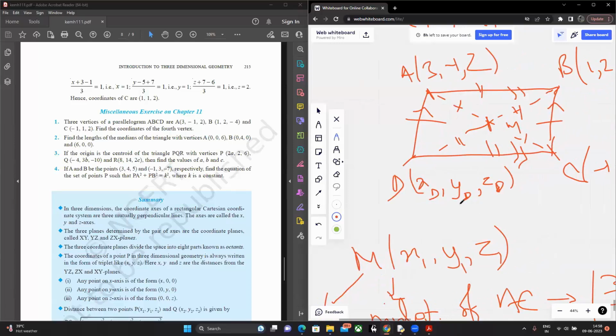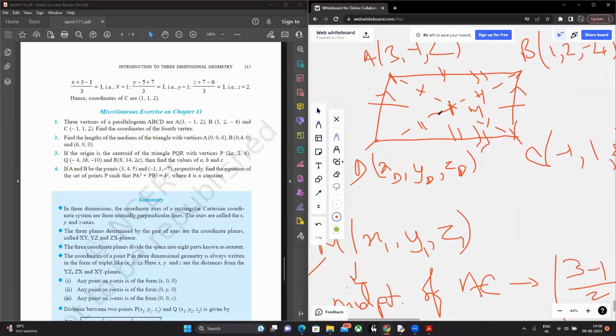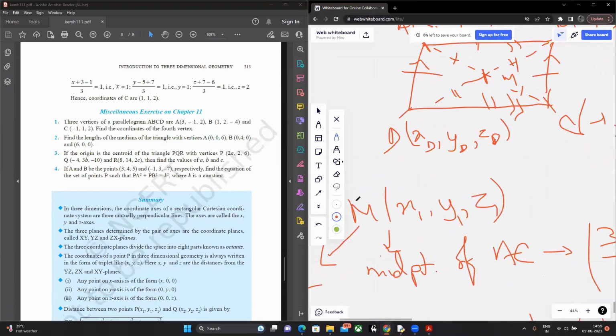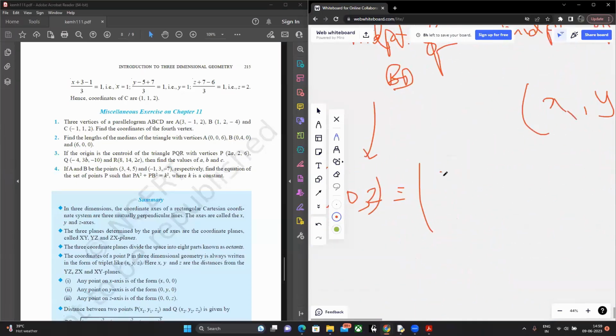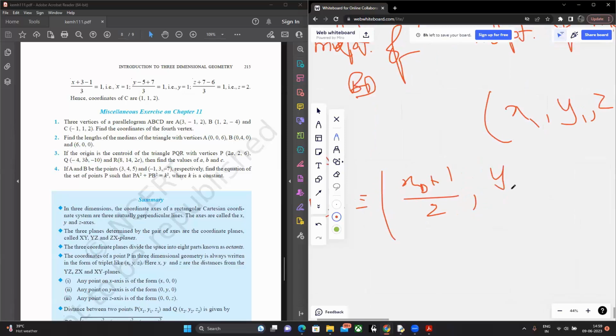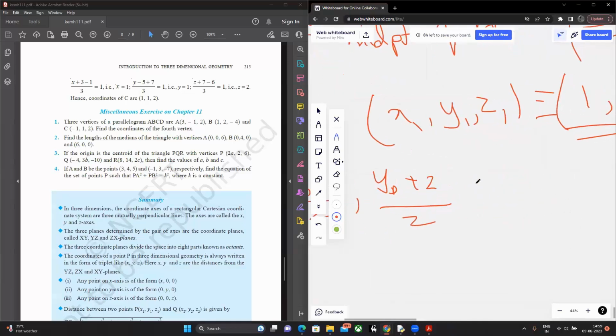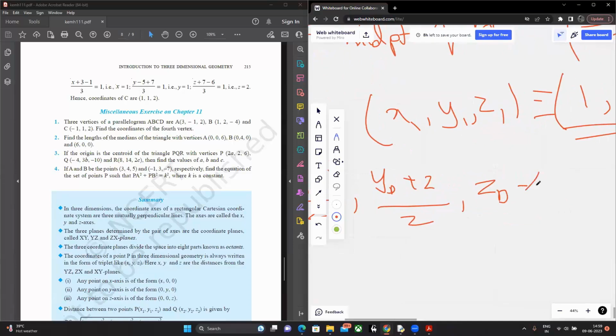So the midpoint M, that is (1, 0, 2), is equal to (xd plus 1) divided by 2, comma, (yd plus 2) divided by 2, comma, (zd minus 4) divided by 2.